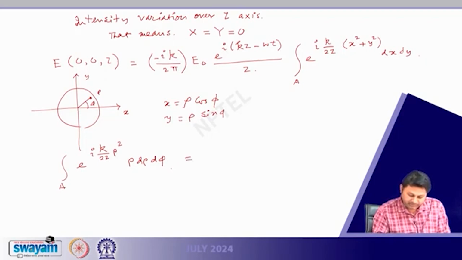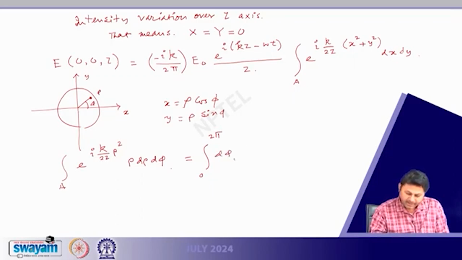So this I can divide into two parts. One is the integral over phi, which goes from 0 to 2 pi, which is d phi, and another integral which goes from 0 to some radius.